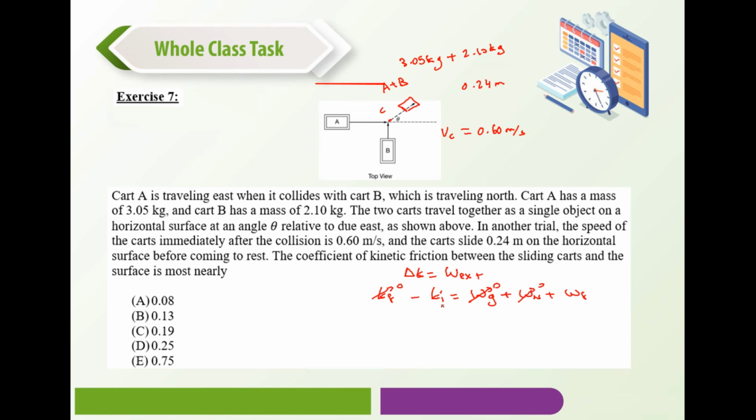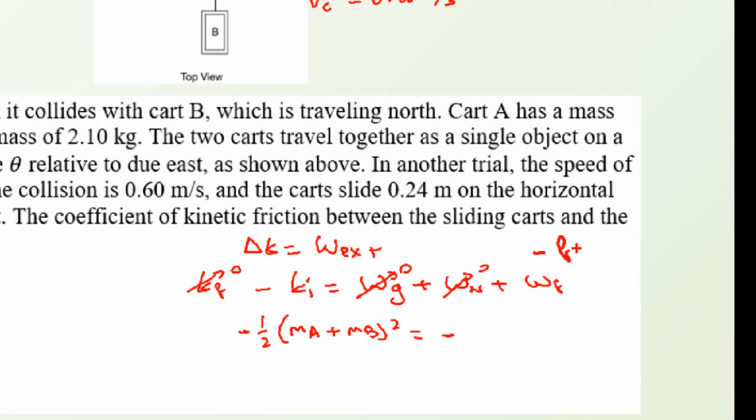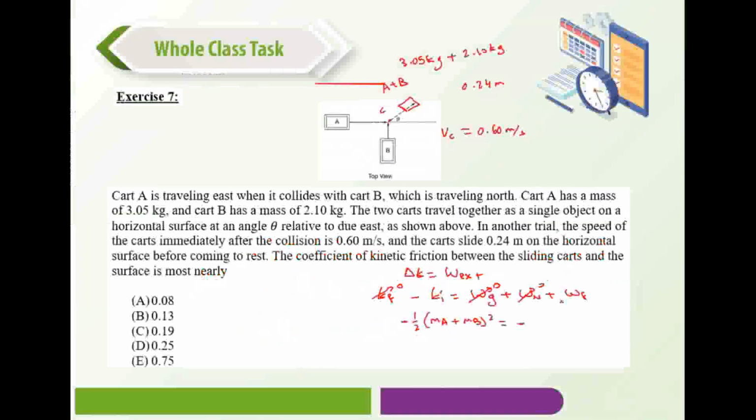That would be 0 for the same reason that we talked about previously, minus half the mass of the system combined, mA plus mB, times v square, is given by minus the work done by the friction, which is minus F times D. Friction is mu k Fn, because it's horizontal, there is no modification on mg.